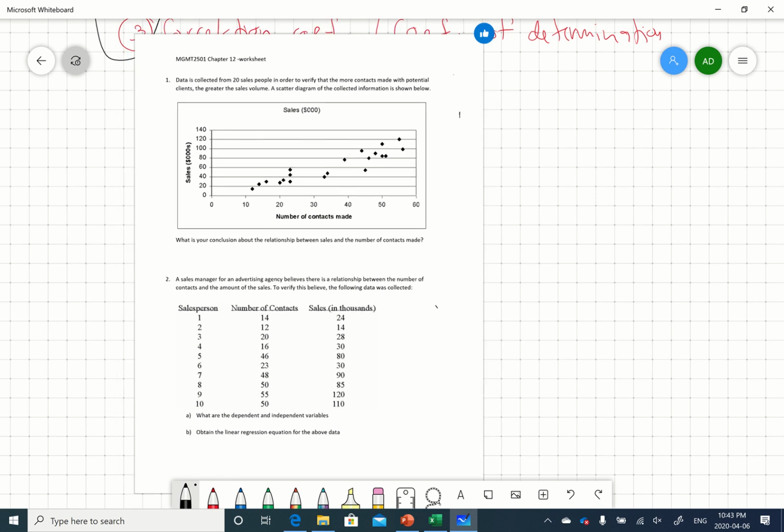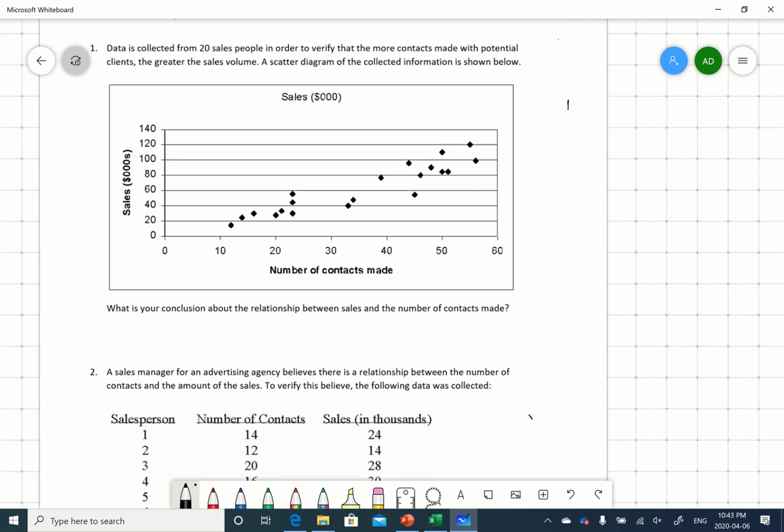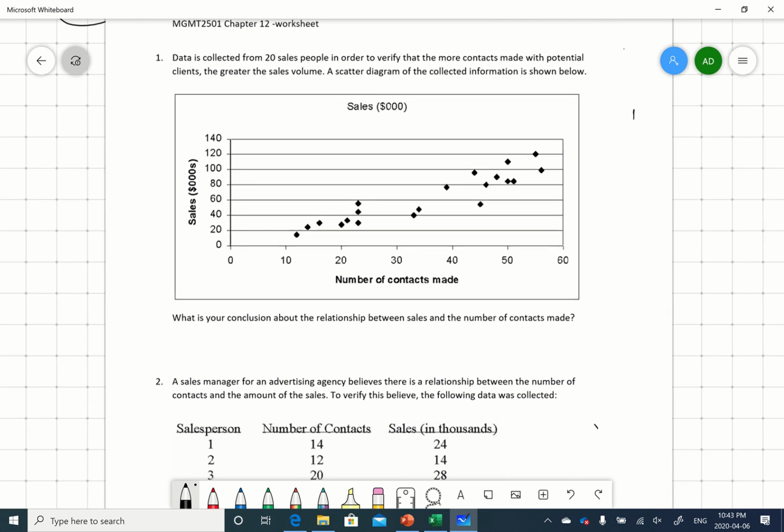Okay, anyhow, so when you look at the scatter diagram, you can see that it's increasing, right? So just imagine a straight line across this data set. You can see the data points are actually fairly closely gathered around a straight line, and it's increasing, right?